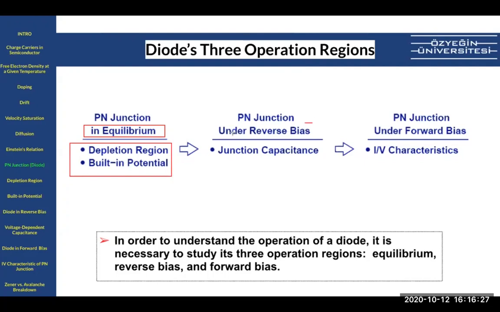Then we'll talk about reverse bias, and we'll talk about the most important functionality of the reverse bias, which is the junction capacitance. And then we'll talk about the forward bias properties, and we'll talk about how the p-n junction or the diode is characterized in terms of current and voltage, which is called IV characteristics.